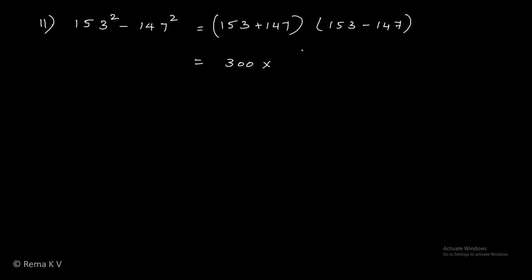Difference is 153 minus 147. Okay, it is 6. Now to multiply these two, 6 into 3, 18, then 2 zeros here, 1800.